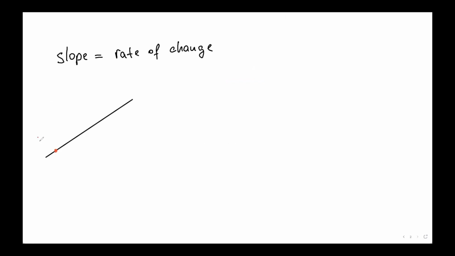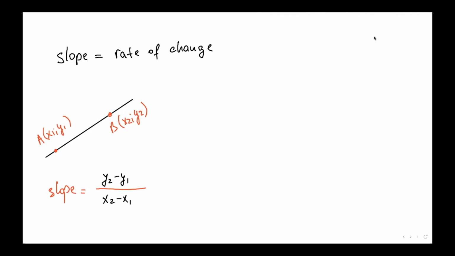Let's name this A, which has the x1 and y1 coordinates, and this one is B, let's say it is x2, y2. The formula for the slope is y2 minus y1, divided by x2 minus x1.